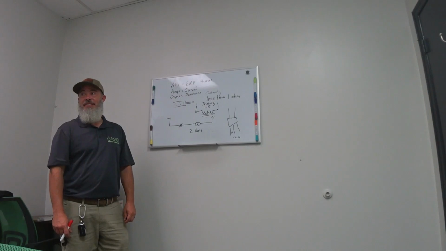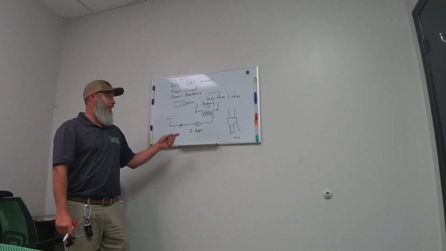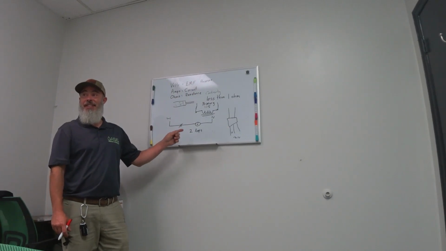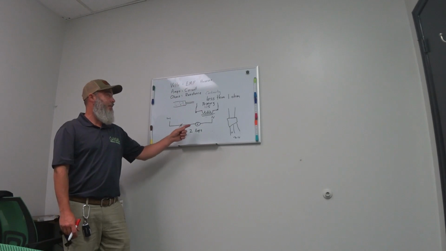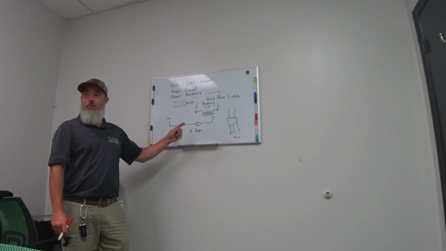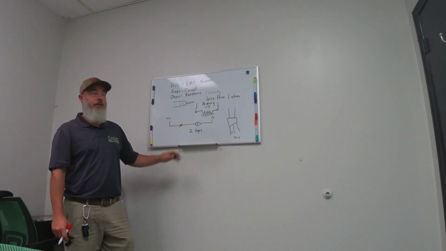That's not enough for the load. There's a problem there. That's supposed to be drawing more power than that. That's telling me there's more resistance in that circuit somewhere than there should be.